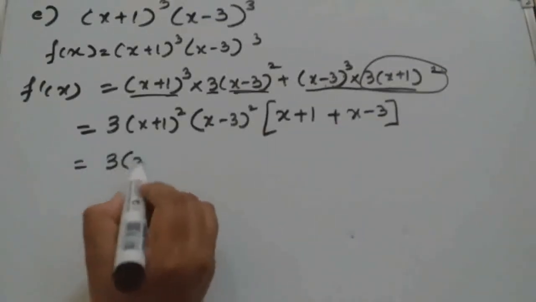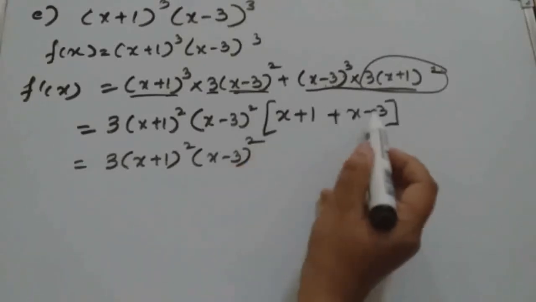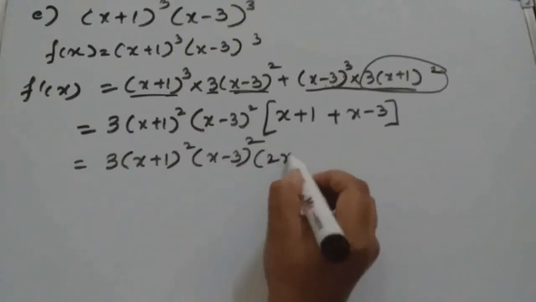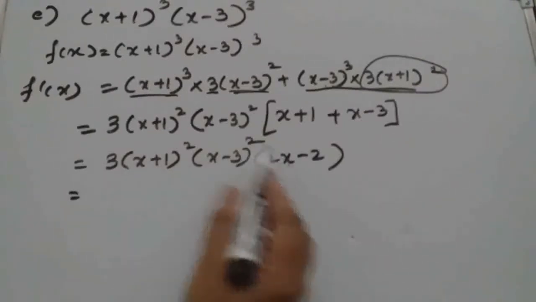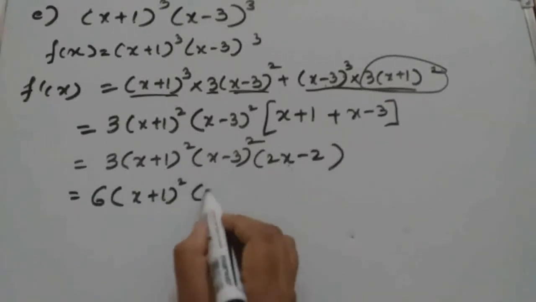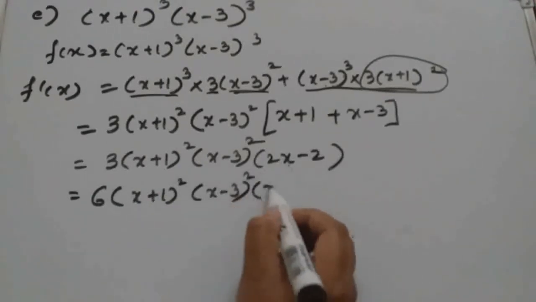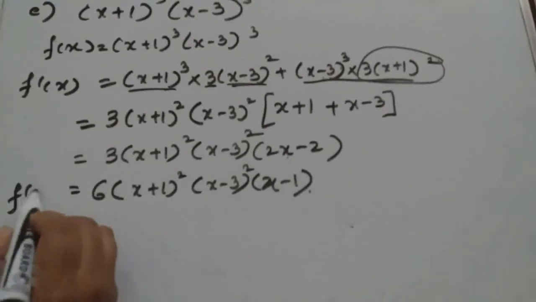So 3 x plus 1 square, x minus 3 square, and 2x minus 2. So this 2 we can take common, so 6 x plus 1 square, x minus 3 square, and x minus 1. Okay, now this is f dash of x.